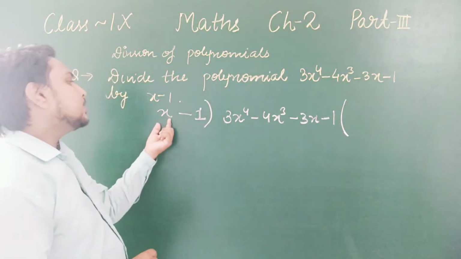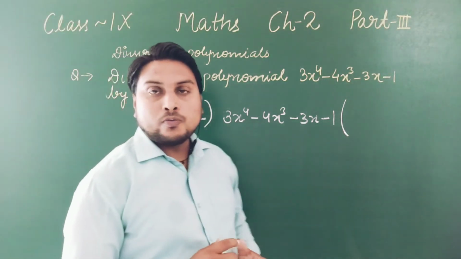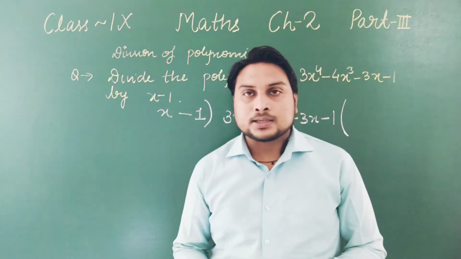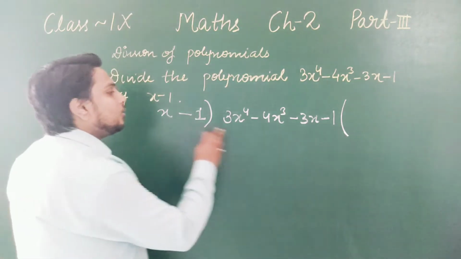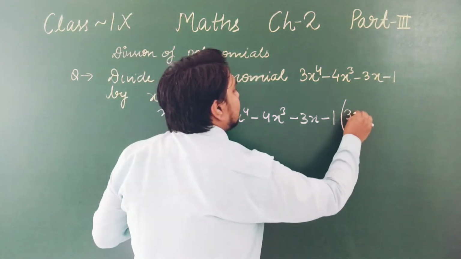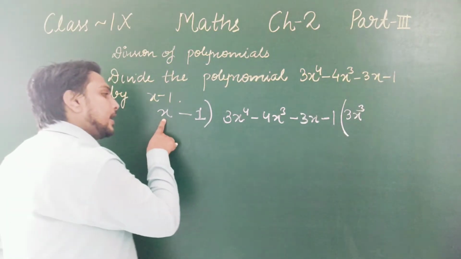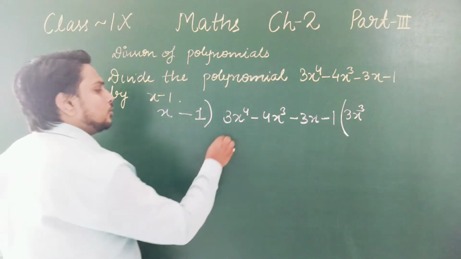So here it is x and here it is 3x to the power 4. So how we will make 3x to the power 4 by x? We need to multiply by 3x cube. When we multiply x and 3x cube, then we will get 3x to the power 4.